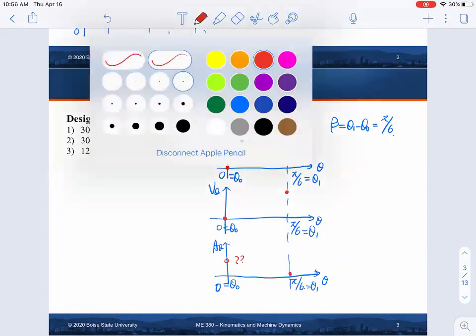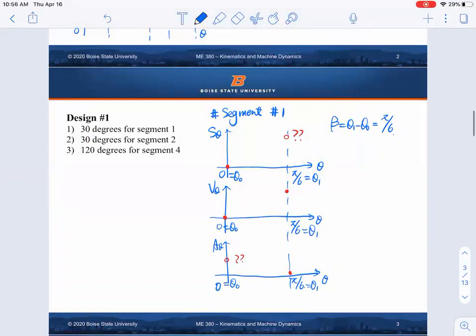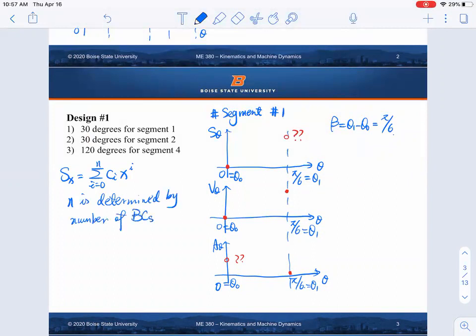And then we already know that in order to describe your Sx, we need to use a polynomial, the sum from i equal to 0 to n of Ci x^i. And then the number n is determined by the number of boundary conditions, BC minus 1, where BC stands for boundary conditions.